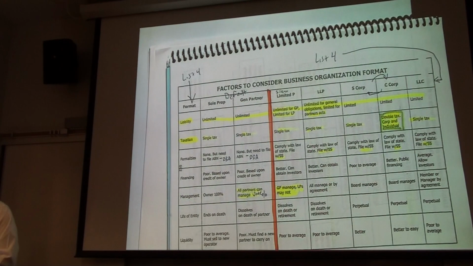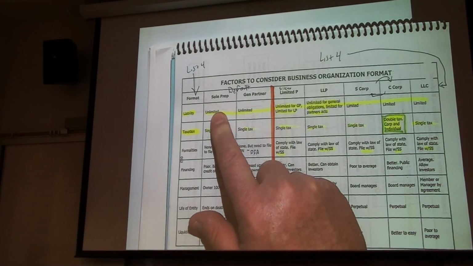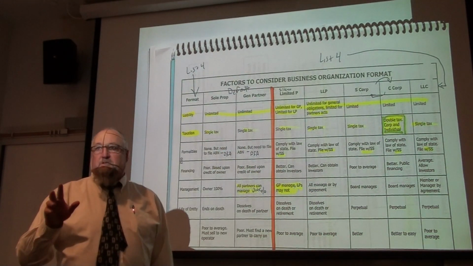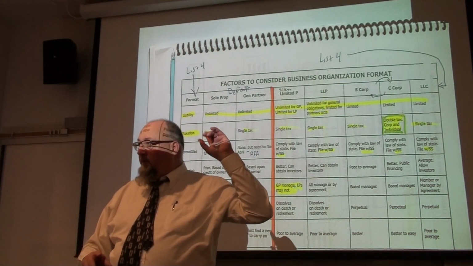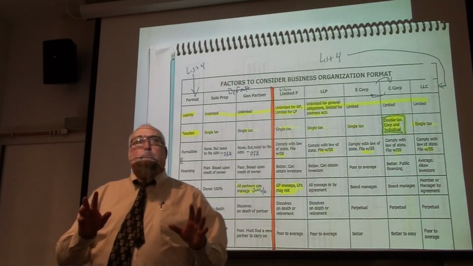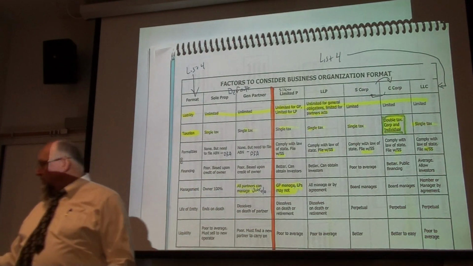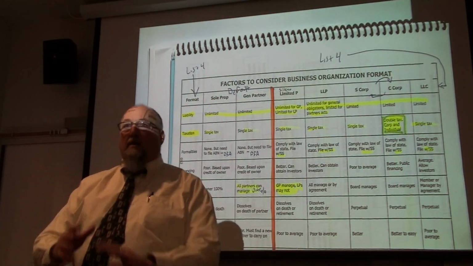On my chart here, a sole proprietorship is one person engaged in a business activity. That is the default. That's why I have the word default written up there. If you're one person engaged in a business activity and you're not organized as one of the other types of entities, then you're automatically a sole proprietor.